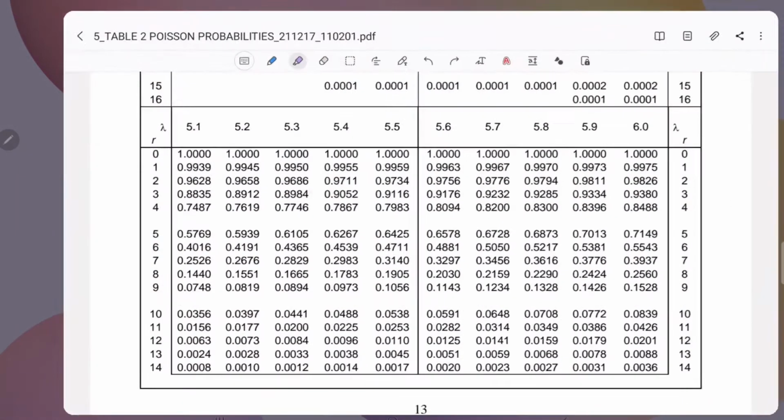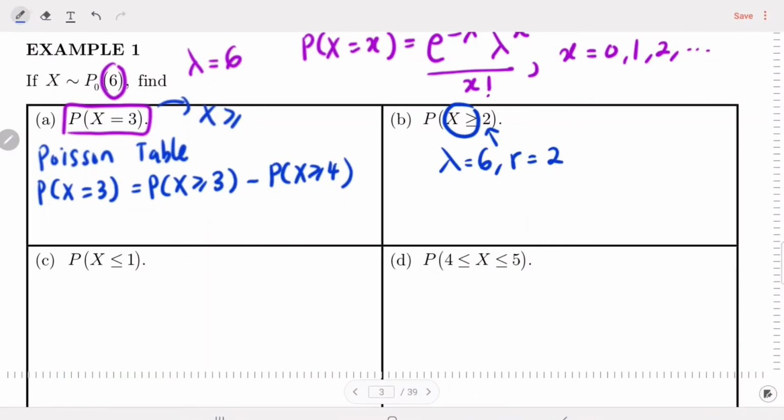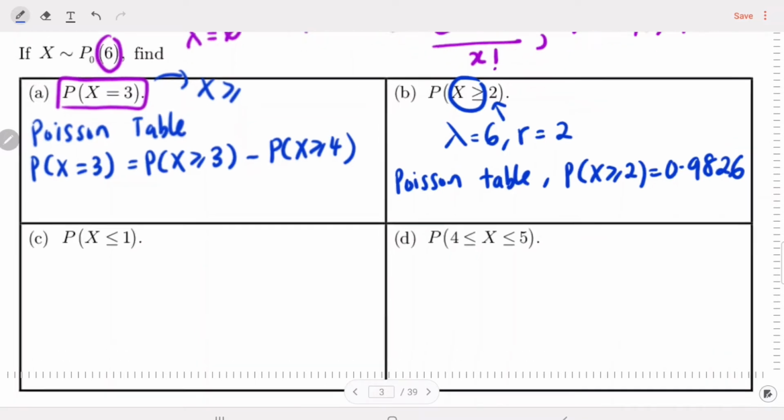The value from the Poisson table is 0.9826. So the probability X greater than or equal to 2 is 0.9826.